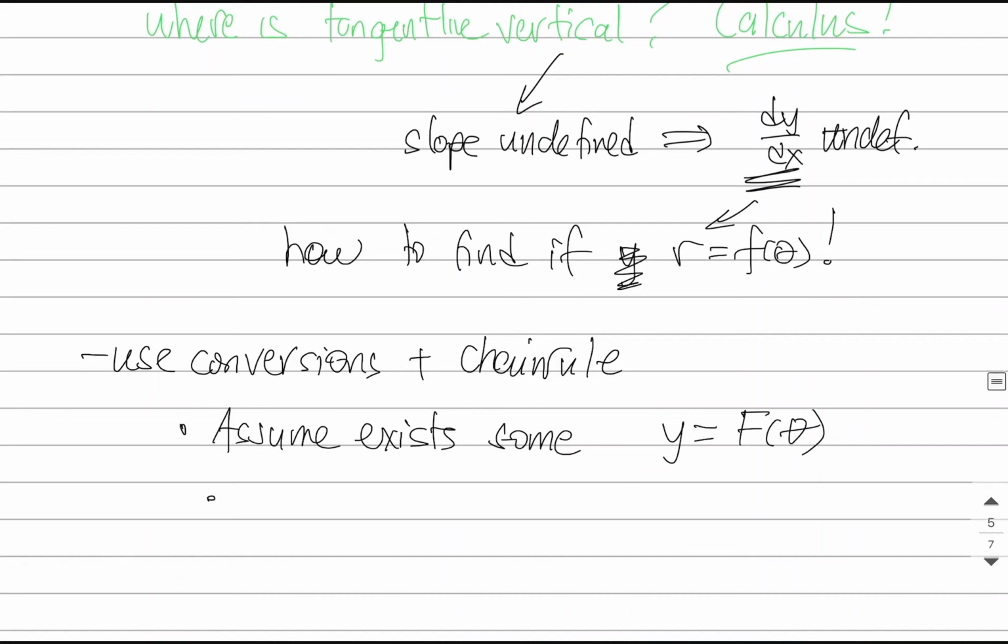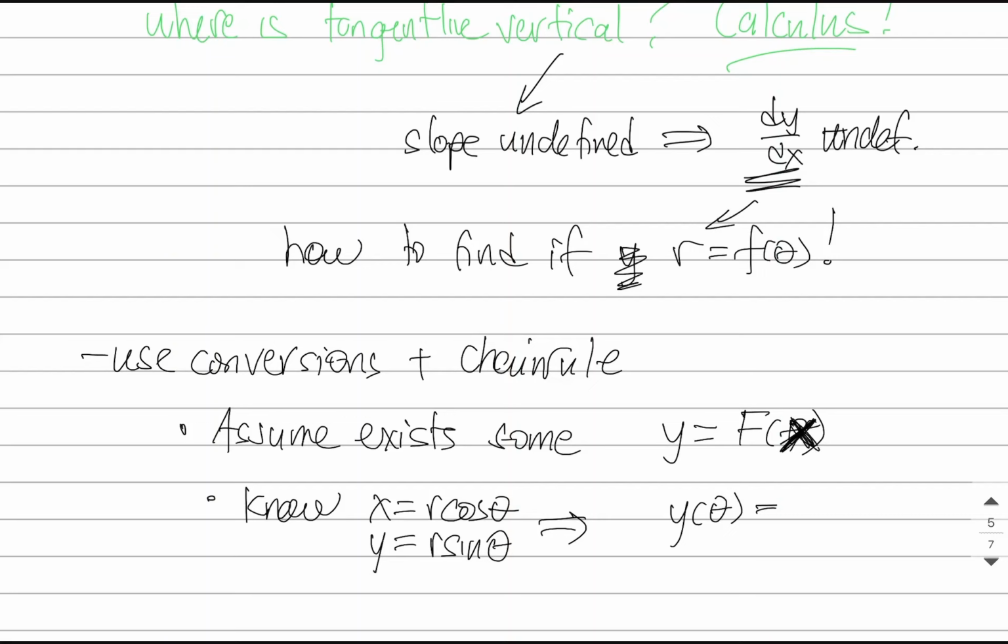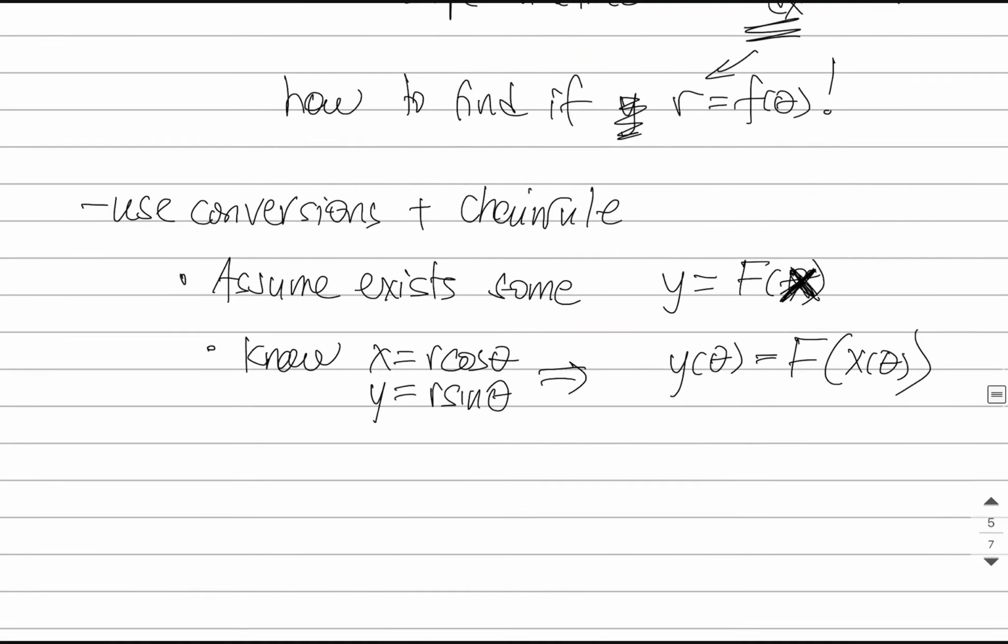Now we know that x is r cos theta and y is r sine theta. So really, this would be y of theta. Sorry, this should be f of x, so I apologize. And that would be then f as a function of x of theta.